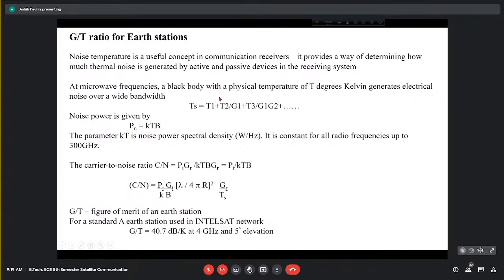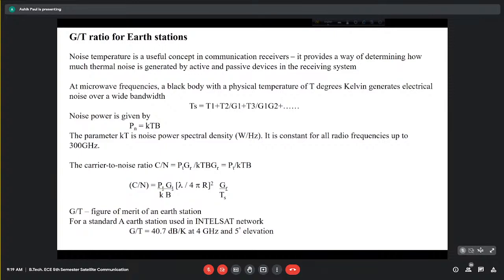So that is why it is said that in case of a communication receiver, when you are representing the different blocks of the receiver using two-port devices, only the first few stages, maybe the first, second, and sometimes the third, not always, contribute the noise temperatures to the system. The remaining subsequent blocks do not contribute anything, because they become too insignificant.